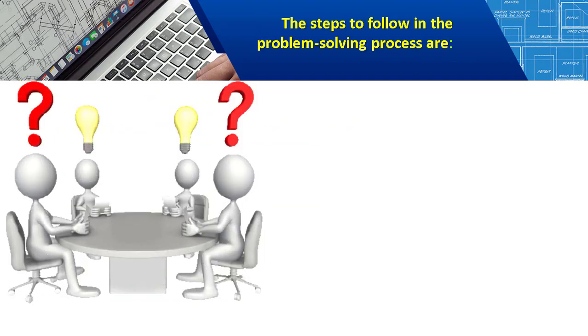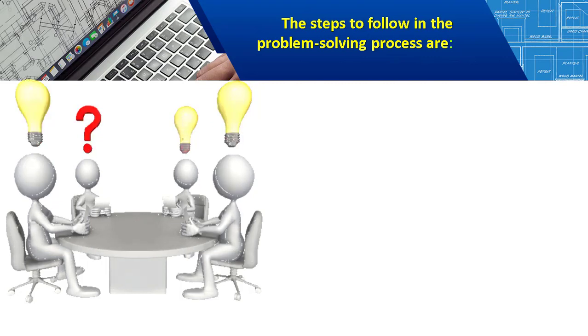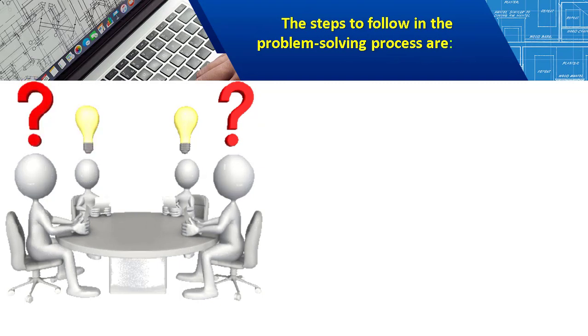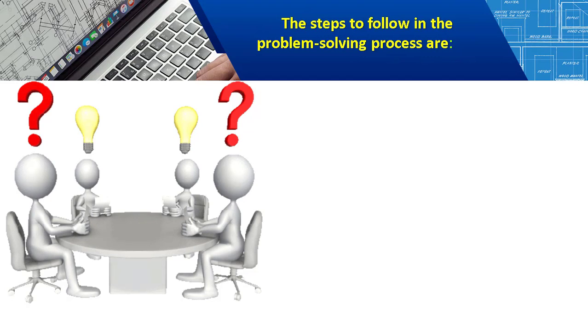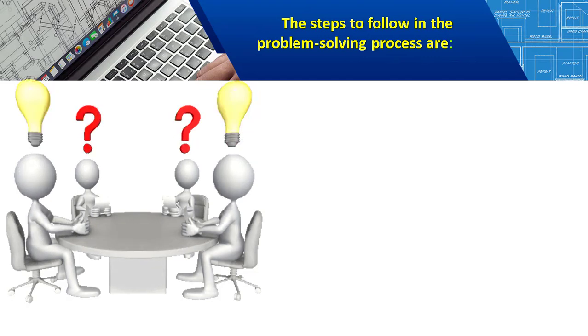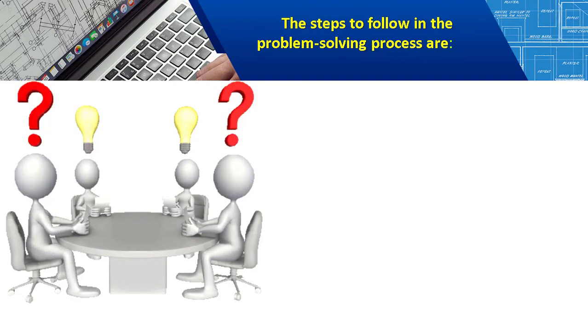Problem solving is defined as the task of expressing the solution of a computer problem in terms of simple operations in the computer. So that is known as problem solving. You are giving the solution to a problem in terms of simple operations. We go through a set of operations, and then we get the solution to the problem. So let us see the steps involved in the problem solving process.